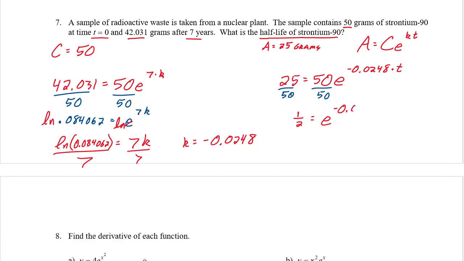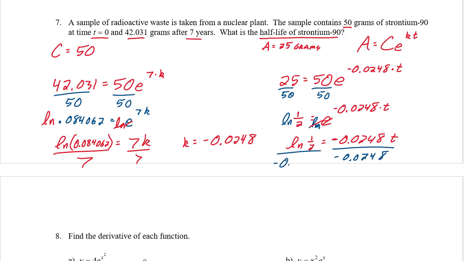Ultimately, just like we had to do before, introduce a natural log, so it'd be the natural log of this 1/2, which equals k times t. So dividing by the negative 0.0248 should give us our half-life for this problem.